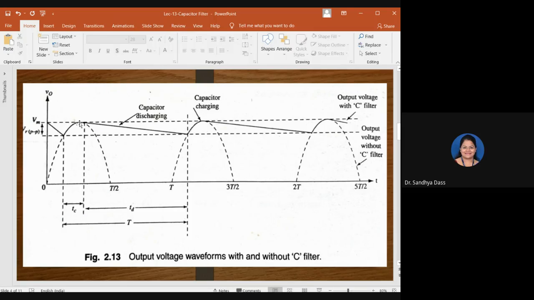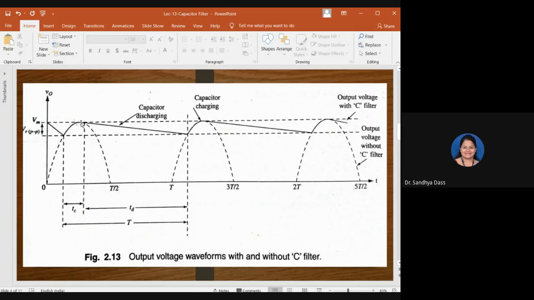In a practical situation, with a practical diode, the maximum voltage across the capacitor will be Vm minus 0.7, because 0.7 is the drop across the diode. If you are taking the ideal situation, the voltage across the capacitor would be the maximum Vm.